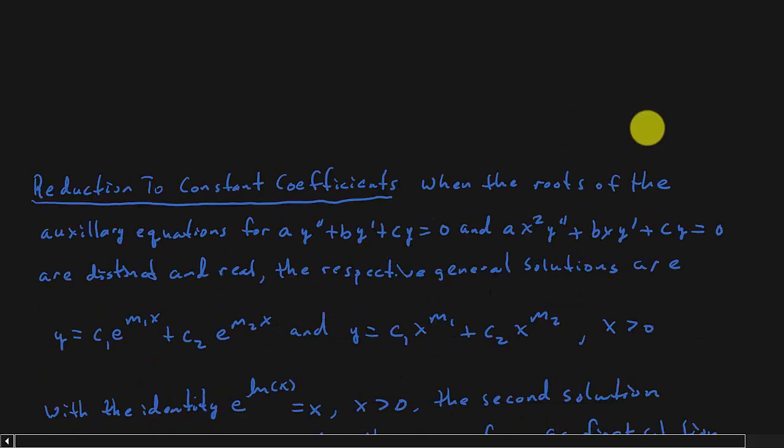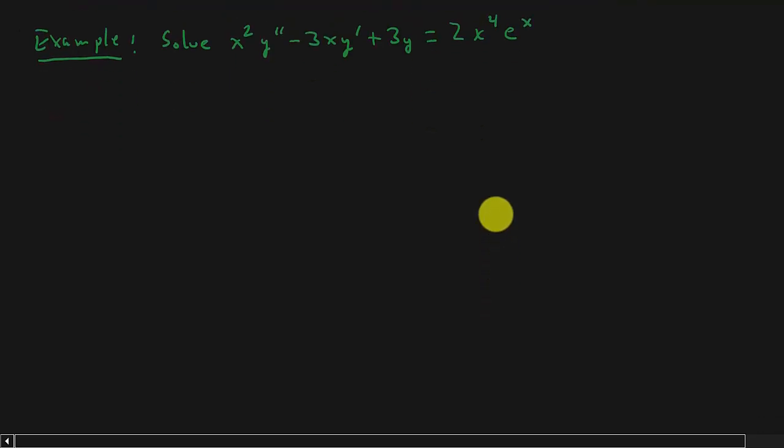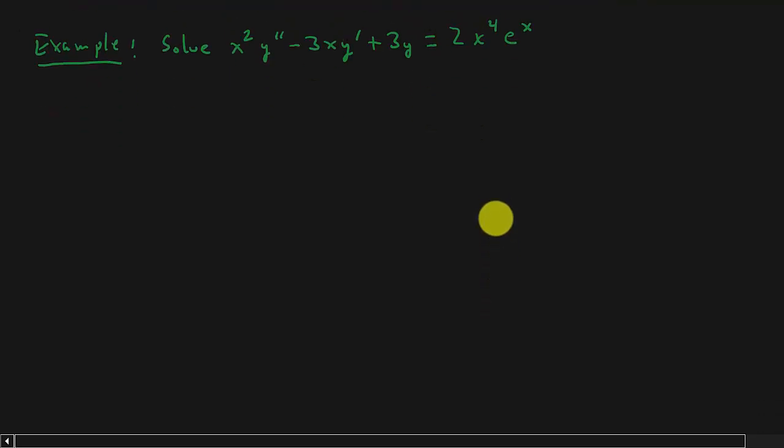Alright, I think we got 2 more examples, so stick around, especially for the last example. Well, now we have, see here we have a non-homogeneous equation. Okay, so let's go ahead and solve this.